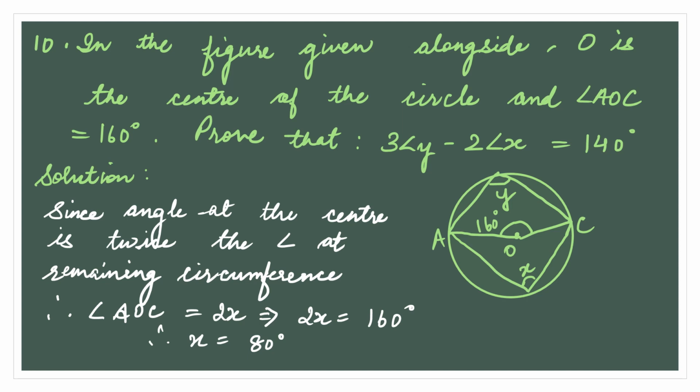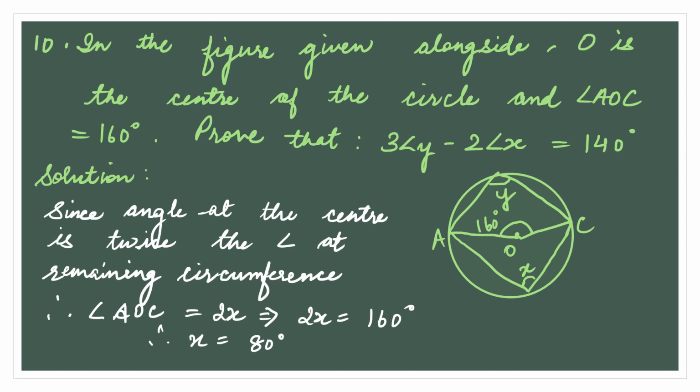And what is 200 degrees? 200 degrees is equal to 2y, because the angle at the center is twice the angle at the circumference. So 200 is equal to 2y, therefore y is equal to 100 degrees, right?